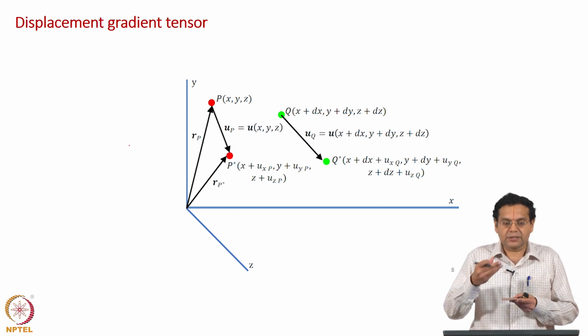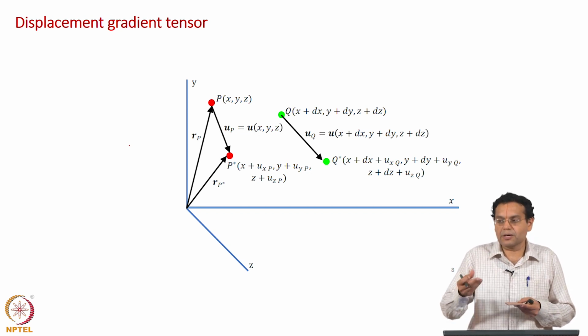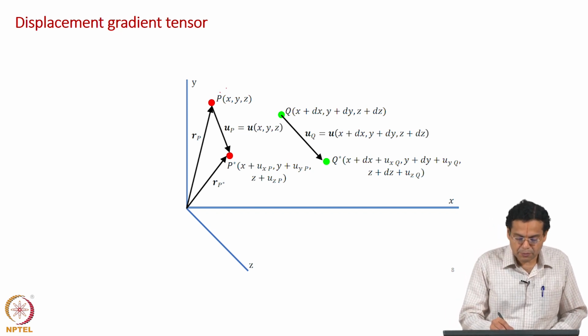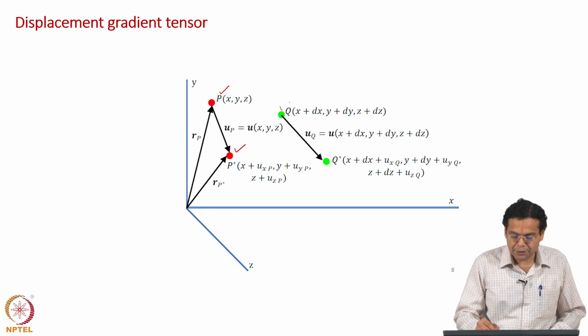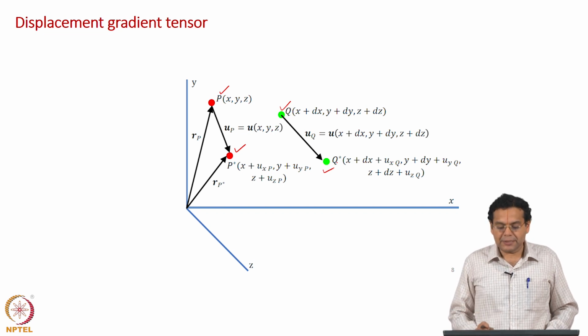It could be rigid body motion, it could be deformation. Because of any of these reasons, P moves to P star, and Q moves to Q star. Okay. As I told you, P has got displaced to P star, Q has got displaced to Q star.